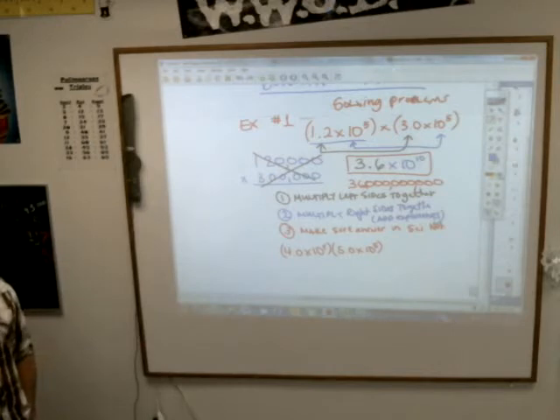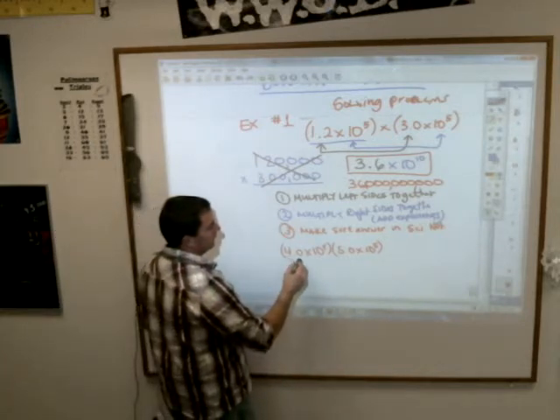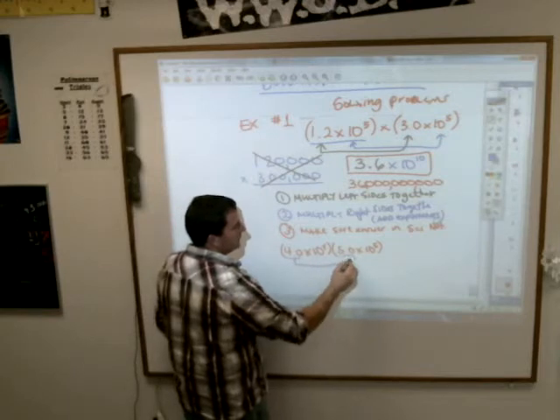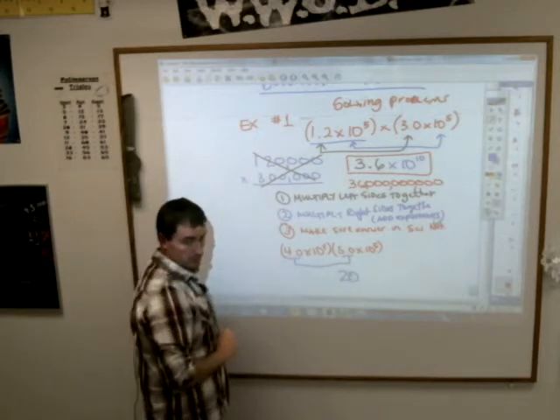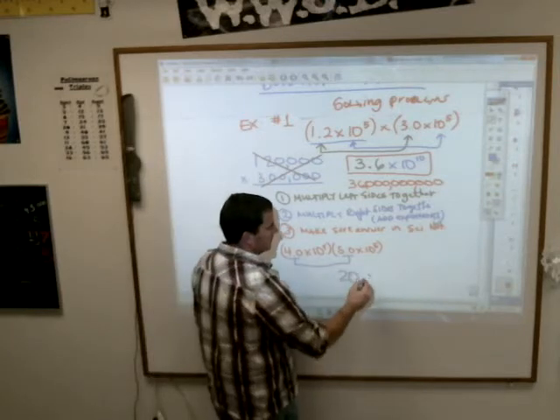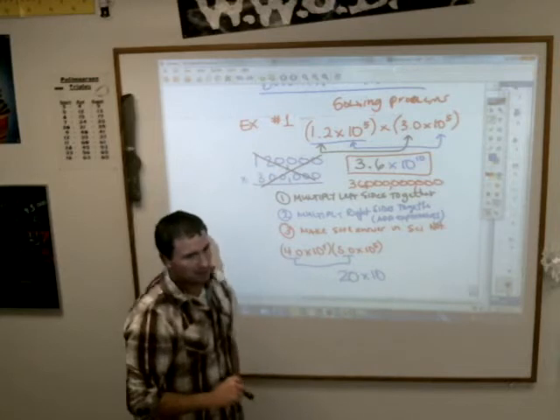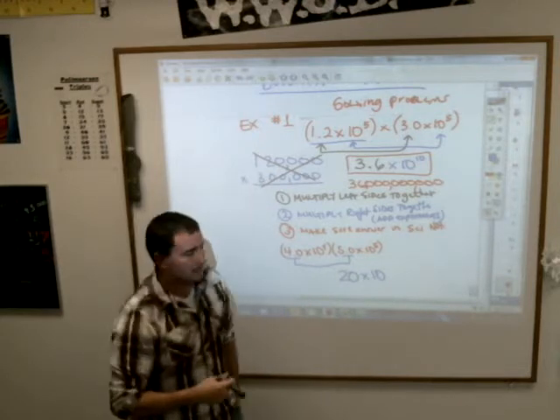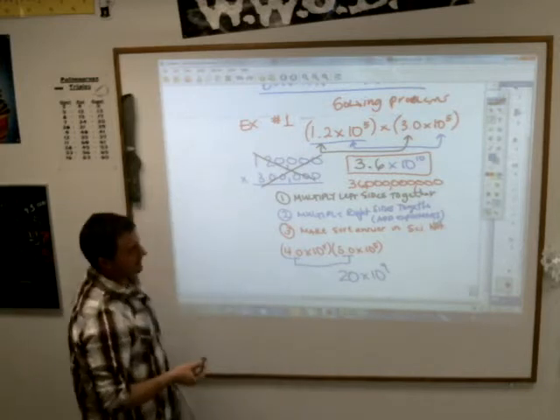Following the same rules, if you multiply the two left things together, you get 4 times 5 is 20. Times 10. If I multiply 10 to the 4th times 10 to the 5th, I get 10 to the, Nicholas, 9th power. So it's 20 times 10 to the ninth.